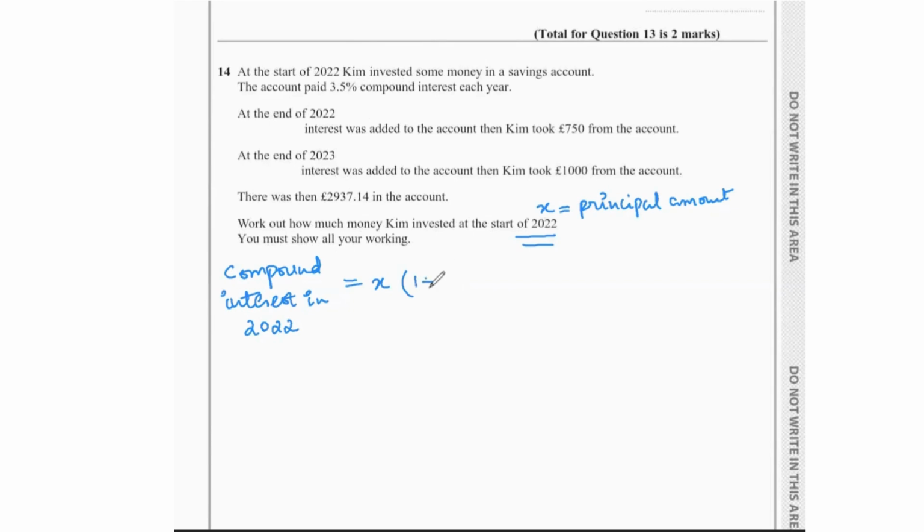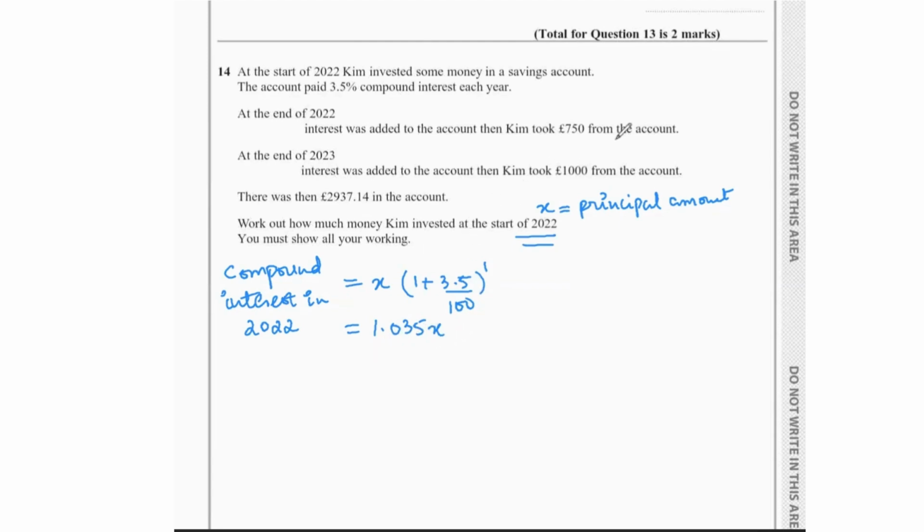So 1 plus 3.5 over 100 to the power of 1, because we're talking about 1 year from 2022 to 2023. So that gives us 1.035x. 3.5 divided by 100 is 0.035. Add 1, so that becomes 1.035, and you times it by x.